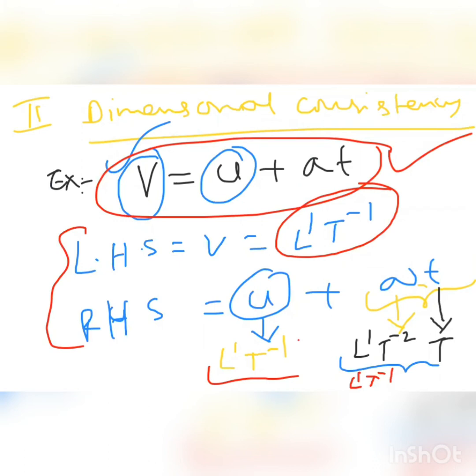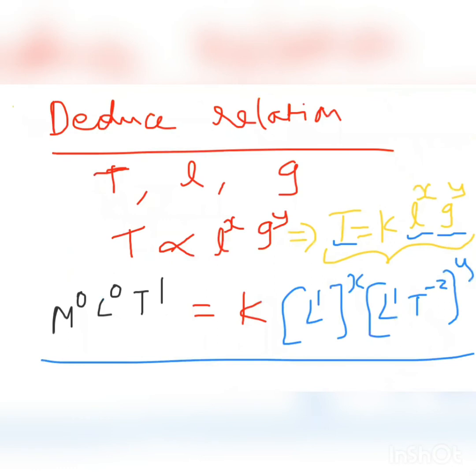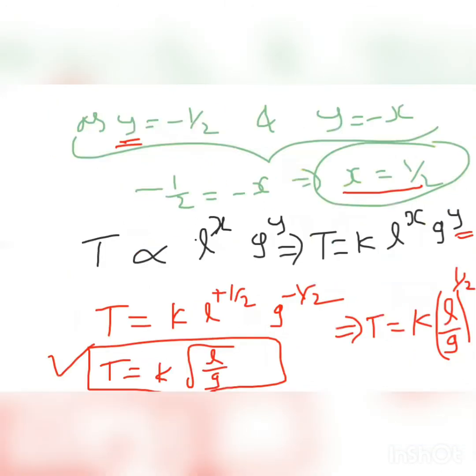After that, we deduced the relation between time period, length and G. By using this method, we got the equation finally as T is equal to K into root over L by G. We can't get the K value by derivation, only by experiment. So we can derive the relation between physical quantities without the constants.